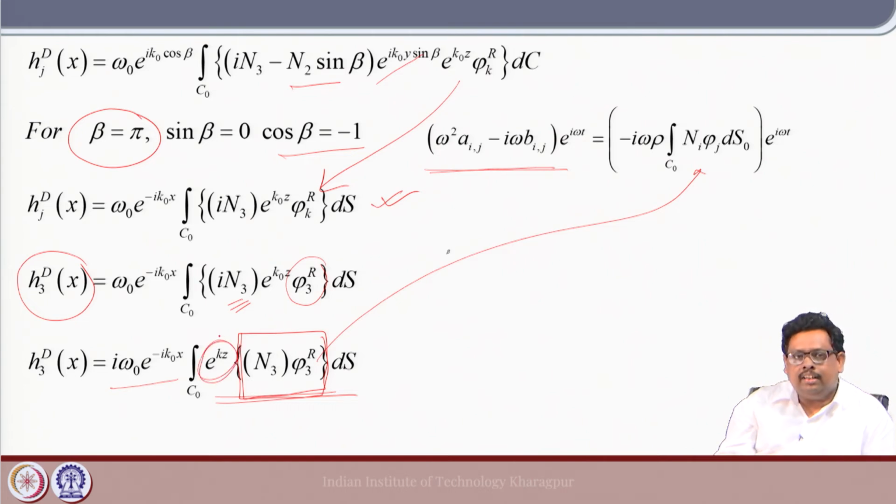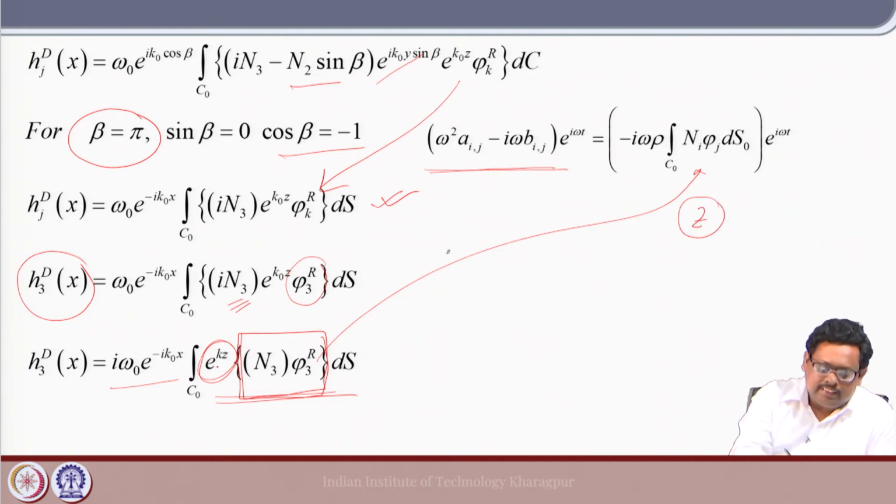So, now if I try to approximate e to the power ikz and replace it by some constant value, then these terms also can go outside, and that only leads to omega square a ij minus i omega b ij equal to I can use this value.